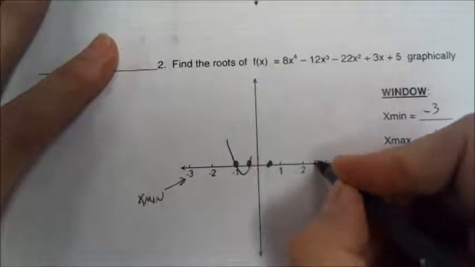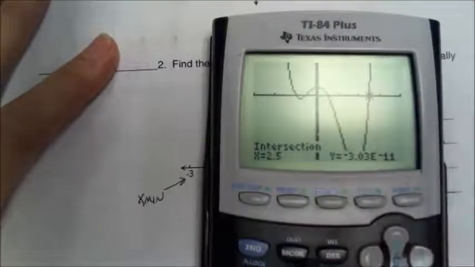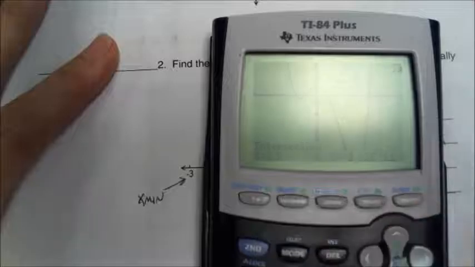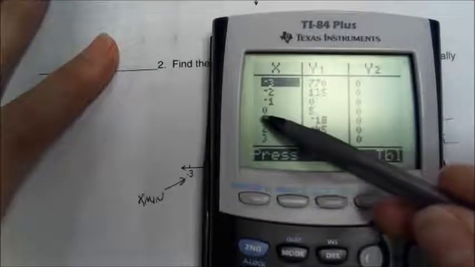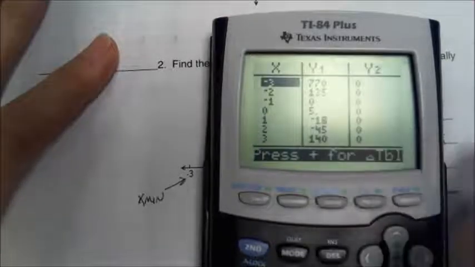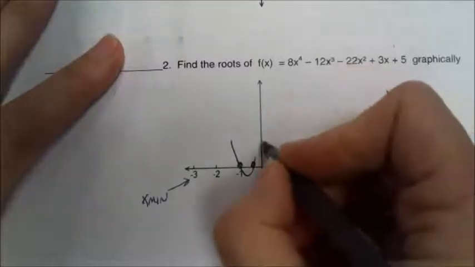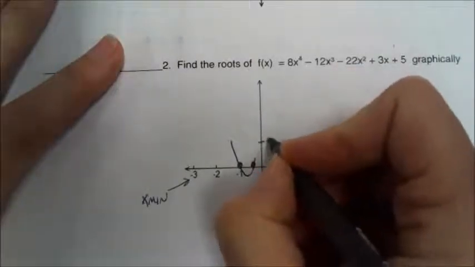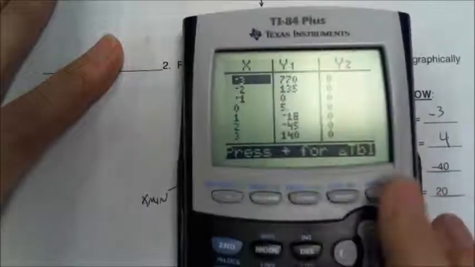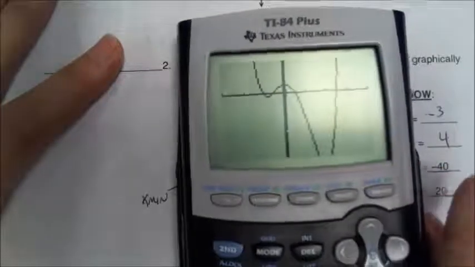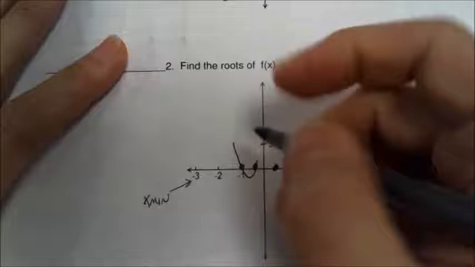So 2.5 is here. Now I'm going to look at where the y-intercept is. So I'm going to look at the table, and it looks like it goes through 0, 5. So up here at 5. And then I'm going to try to match that graph. It goes way down, doesn't it?